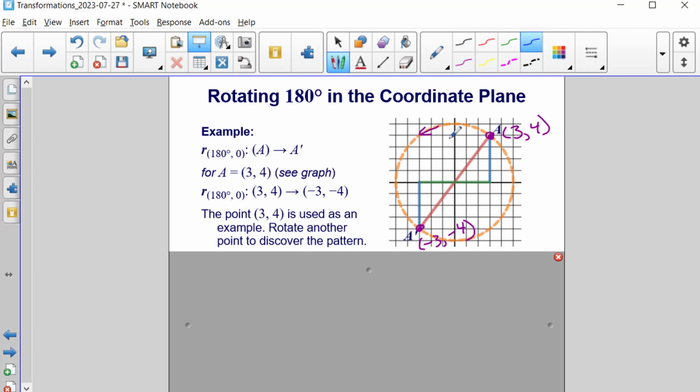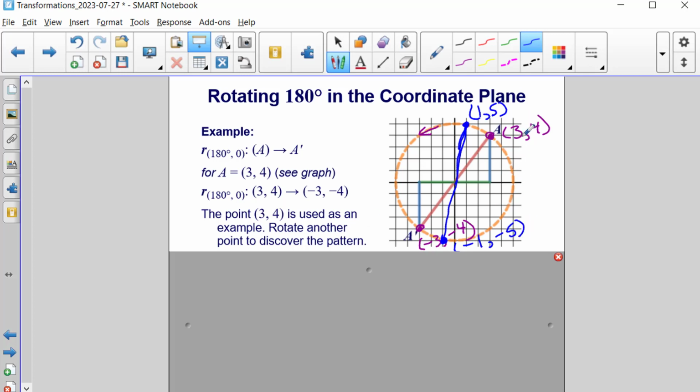Let's try another point. Let's say we have the point right here, 1, 5. If we take 1, 5 and we draw our line to the origin, our point of rotation, and then continue it because 180 degrees makes a straight line, we will end up at this point right here, which is -1, -5.